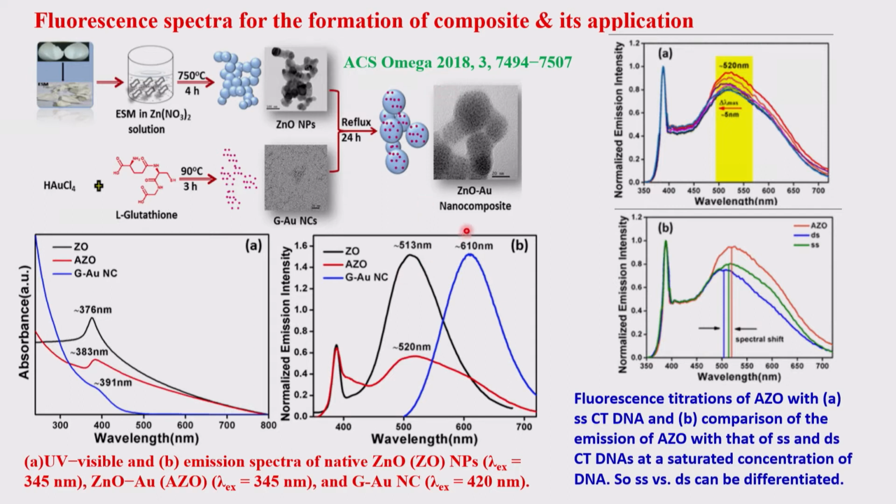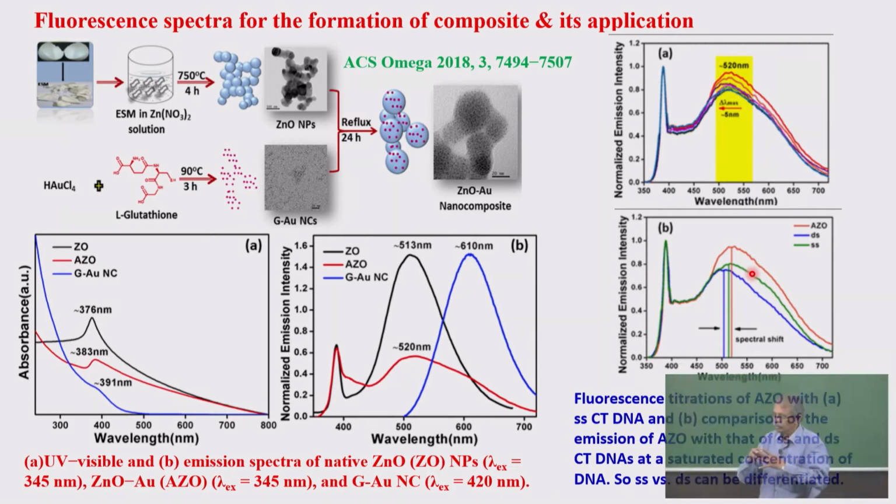Now example 1: in A, SS means single strand ctDNA, and you can see a shift of the lambda max by about 5 nanometers towards the blue side, and that itself is an indication. The next one is for this AZO, the gold-containing zinc oxide composite.